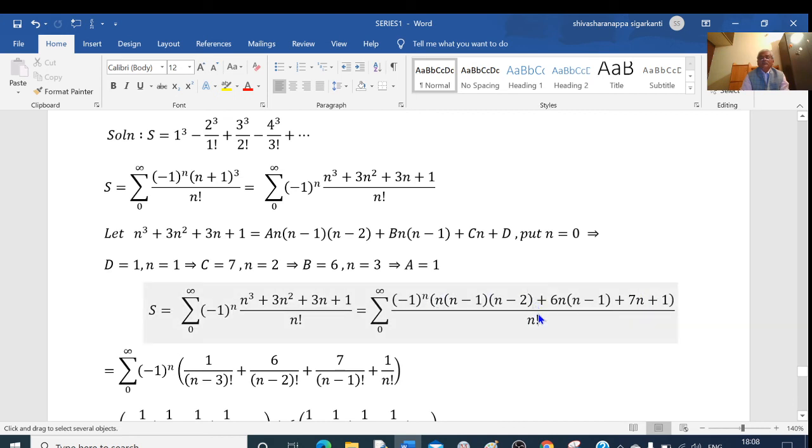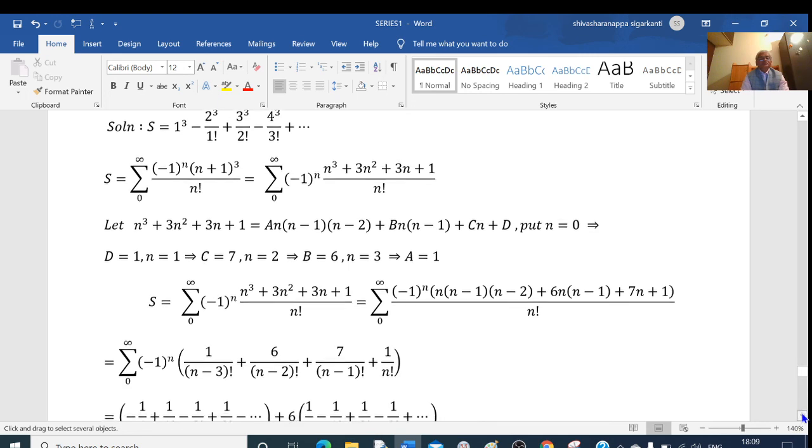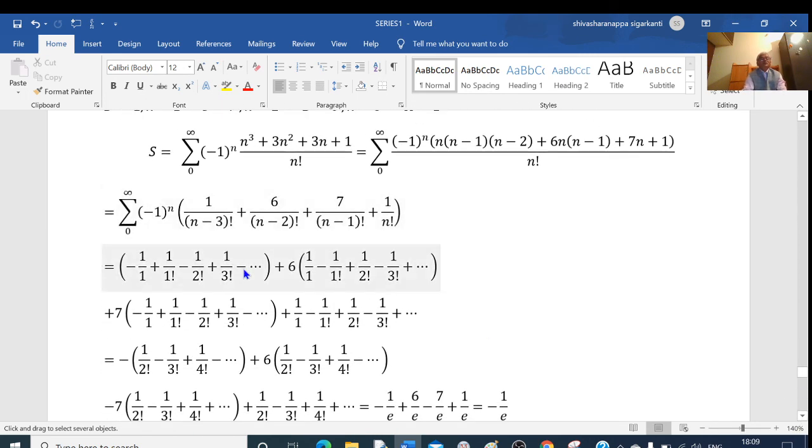And this becomes 1 by n minus 3 factorial plus 6 by n minus 2 factorial plus 7 by n minus 1 factorial plus 1 by n factorial. And minus 1 to the power of n into 1 by n minus 3 factorial plus 6 by n minus 2 factorial plus 7 by n minus 1 factorial plus 1 by n factorial.